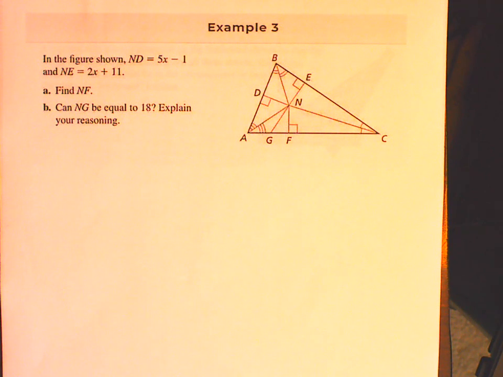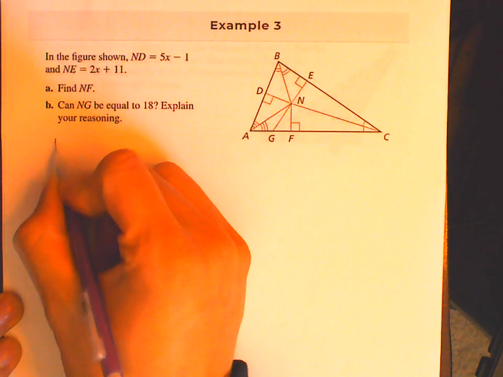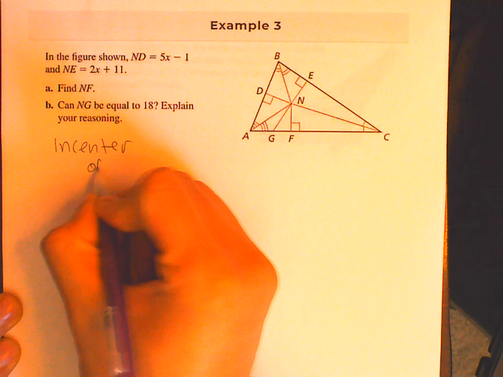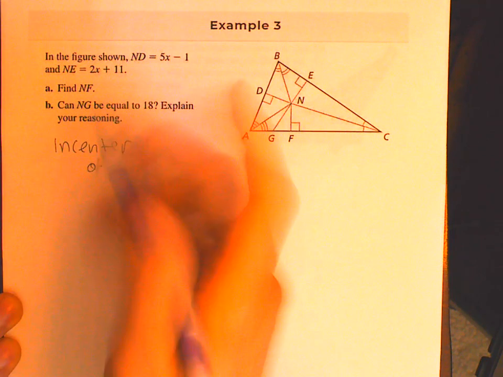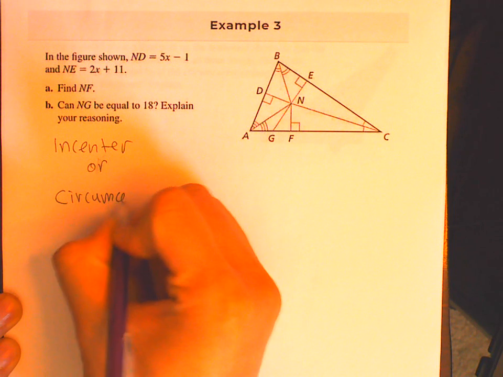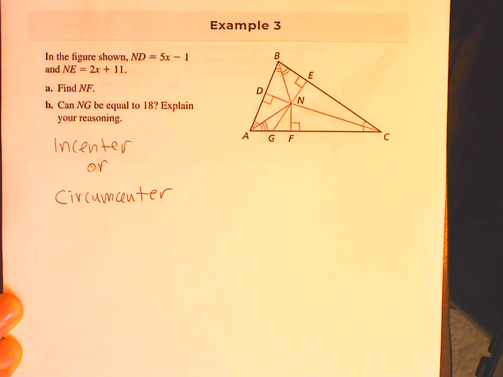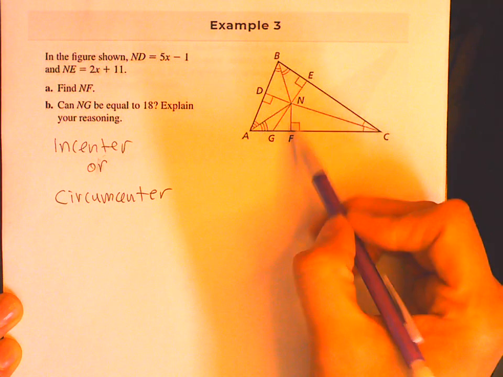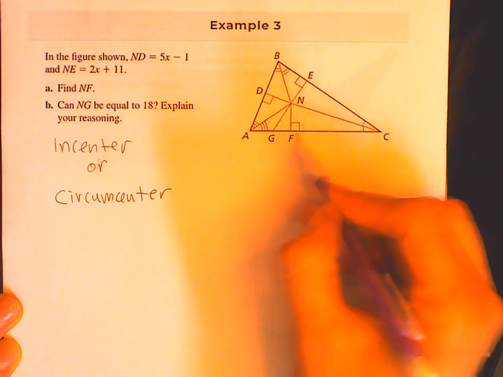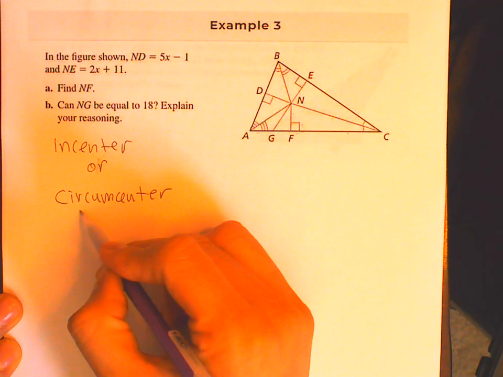Well, first off, I need to figure out, do I have the incenter, or do I have the circumcenter? How do you know? Well, remember, the incenter is made up of angle bisectors, the circumcenter of perpendicular bisectors. As you can see, we do have perpendiculars, but these sides here are not marked congruent. So we do not have the circumcenter.